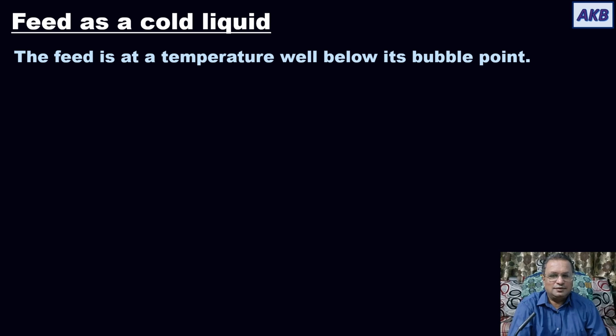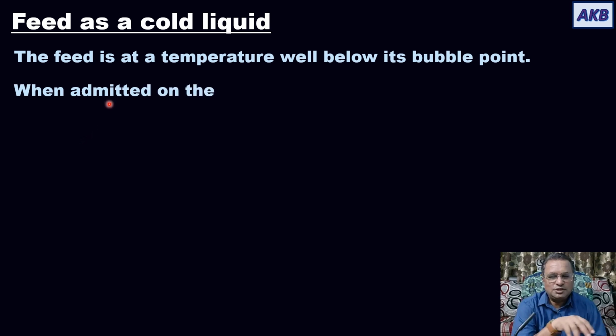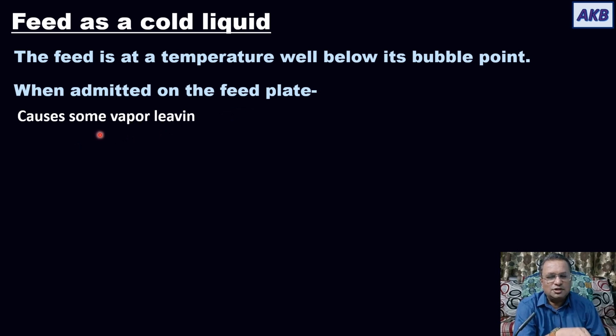The bubble point is the temperature at which the boiling process starts. So a cold liquid will be at a temperature well below its bubble point. When such a feed is admitted on the feed plate, what happens? First, it will cause some vapor that is leaving the feed plate to condense.